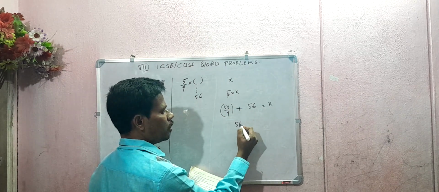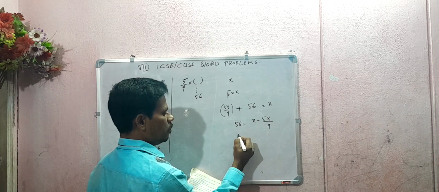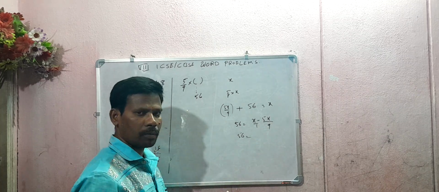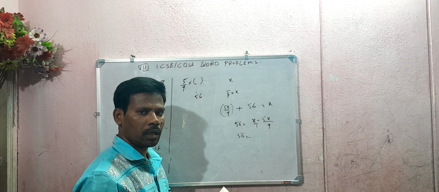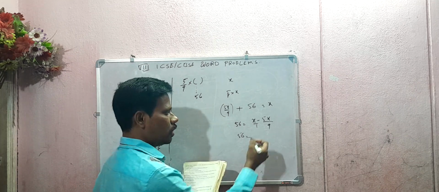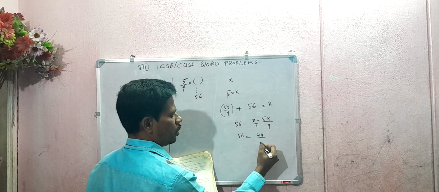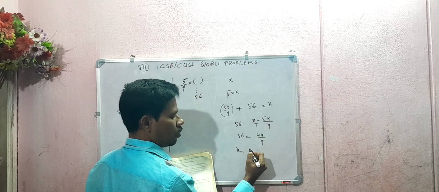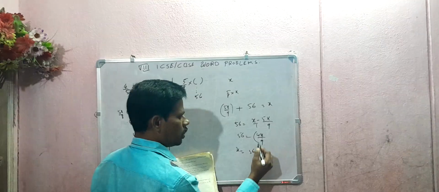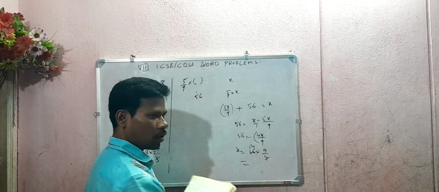So 56 keep as it is, bring all variables, simplify. For simplification, please refer to my basic class on equations and fractions, then you can easily understand. 9x minus 5x is 4x by 9. x is equal to what you will get? Take the multiplicative inverse of this one. 56 into 9 by 4. So solve the problem, that's it.